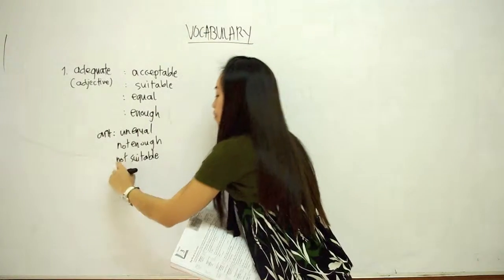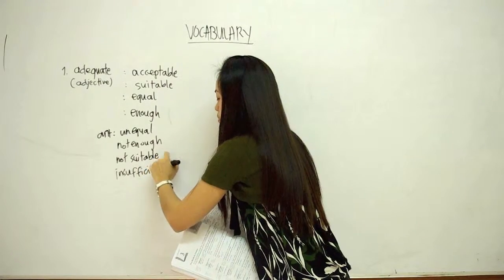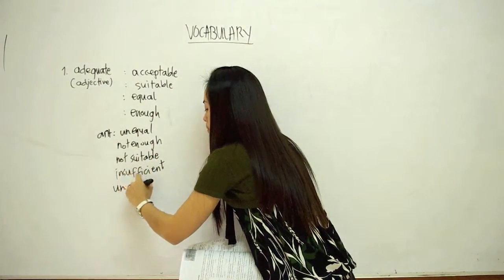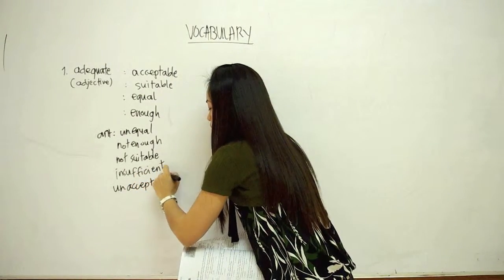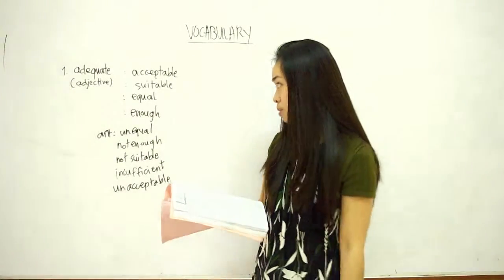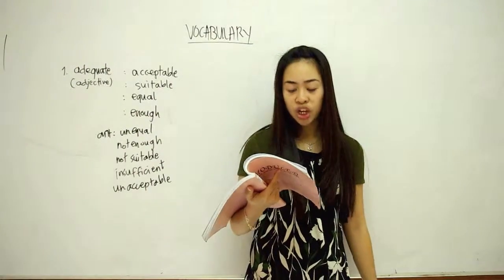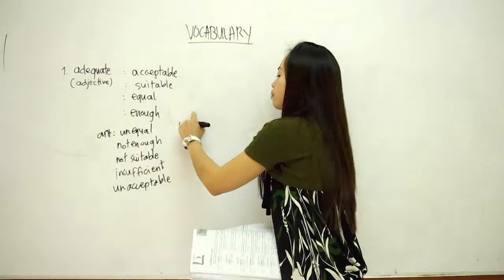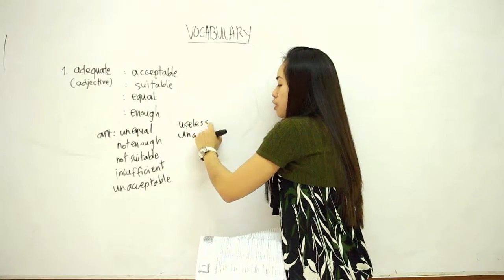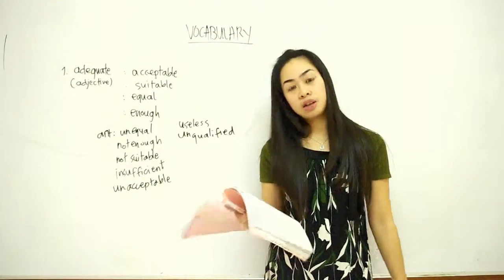Insufficient, unacceptable, and so on. So those are some of the antonyms of the word adequate. We can also use it for the antonym of the word useless, or unqualified. So it still depends on the sentence and how you will use the word adequate.